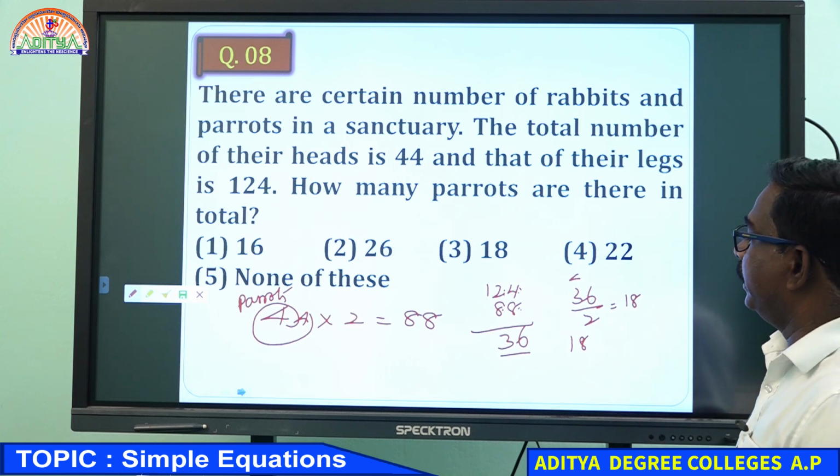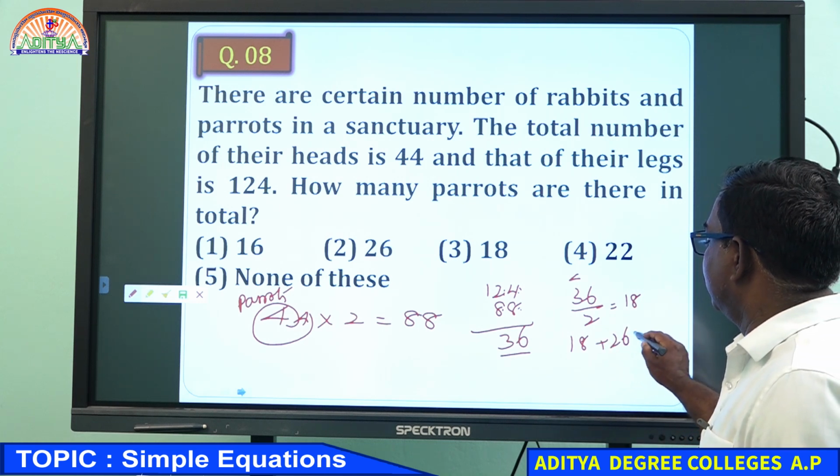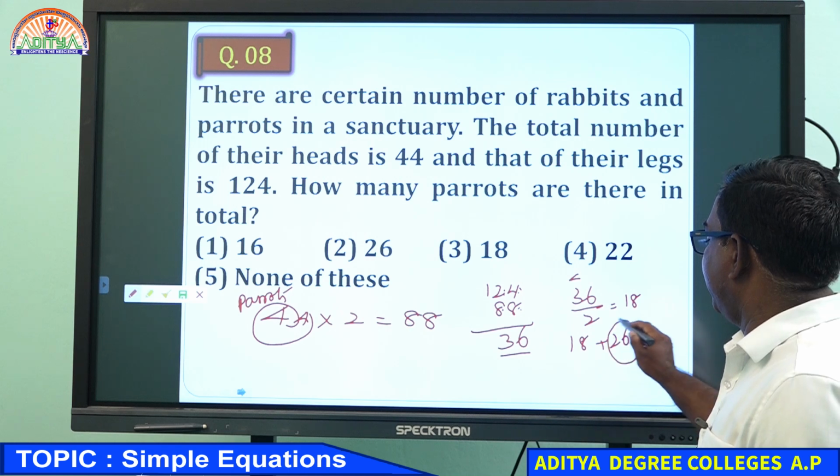That is rabbits, and the remaining 26 are parrots.